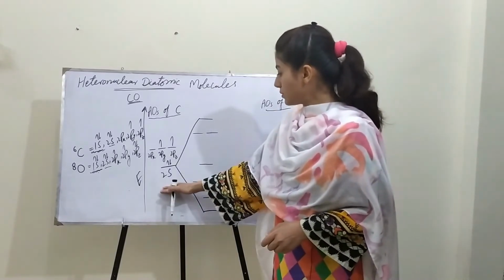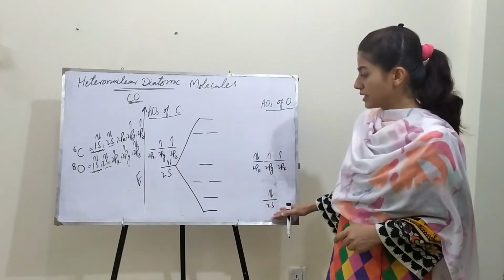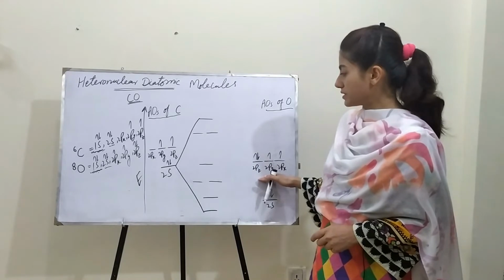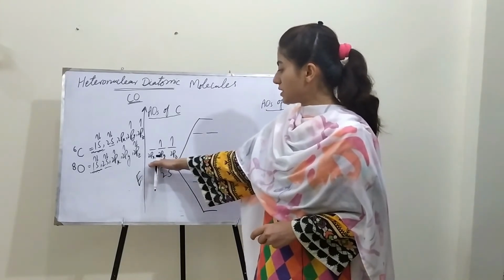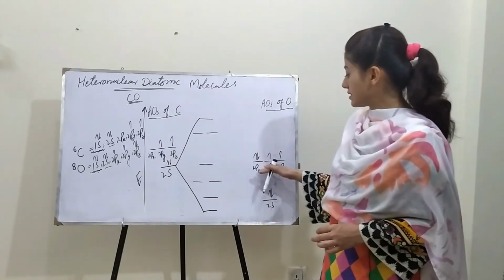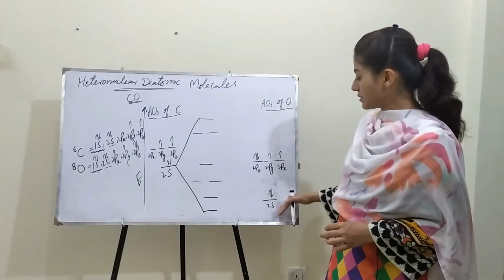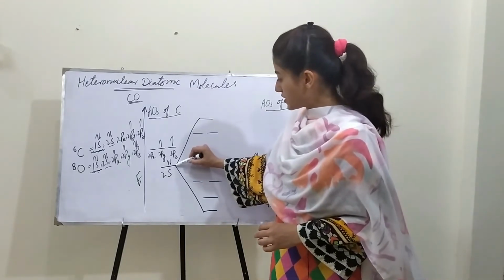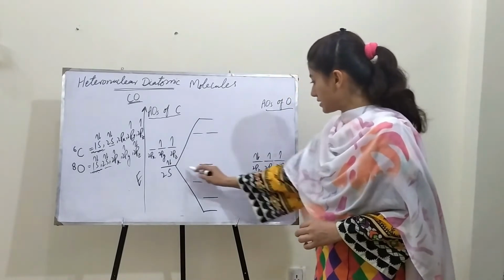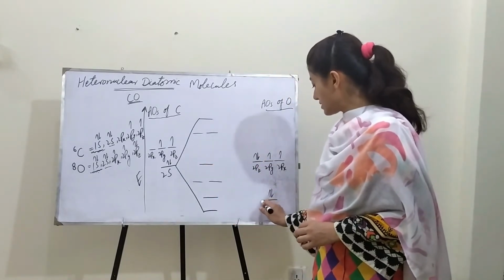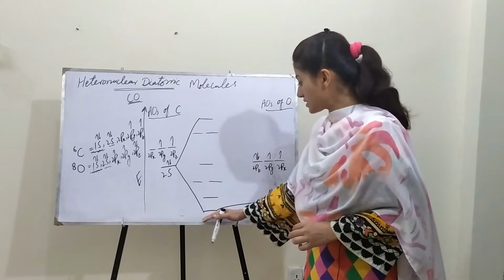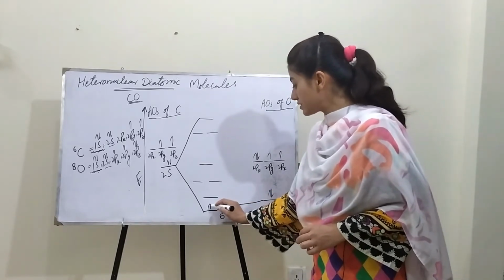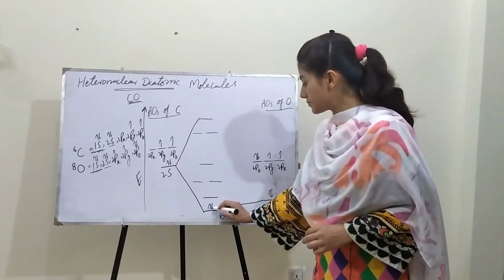Now this 2s interacts with this 2s and also with these p orbitals, and also these p orbitals interact with these p orbitals of the oxygen atom and also with the 2s. So here it interacts with this 2s orbital to form this bonding molecular orbital, that is sigma, and it is completely filled.